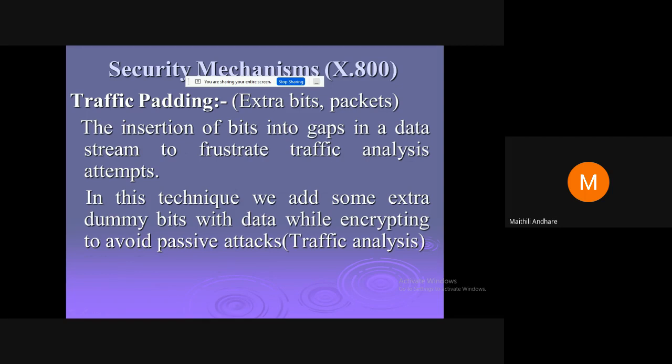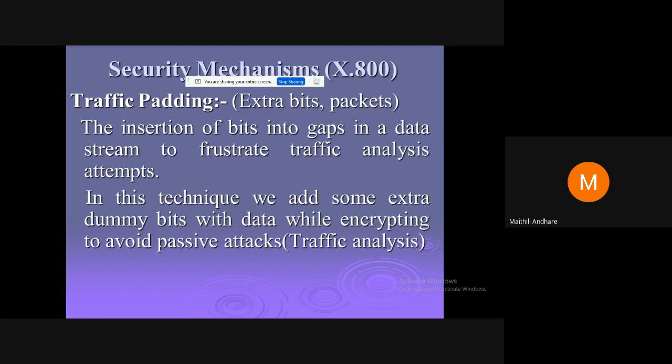So we have seen at the time of passive attack, one of the types of passive attack is traffic analysis, and in that traffic analysis, the opponent or the attacker or intruder just continuously monitors the traffic, continuously monitors the messages, different patterns, frequency, likewise data the opponent observes.